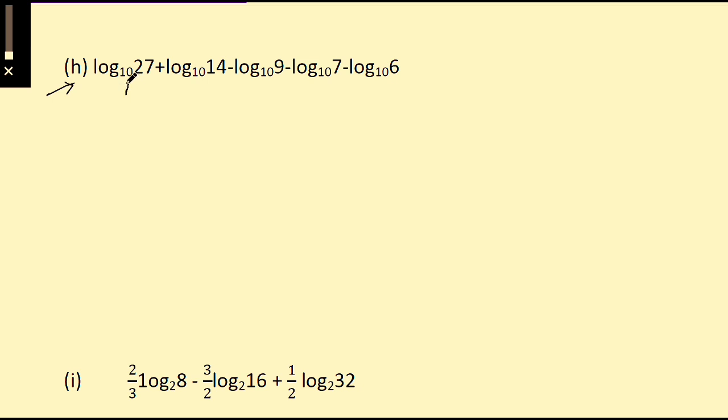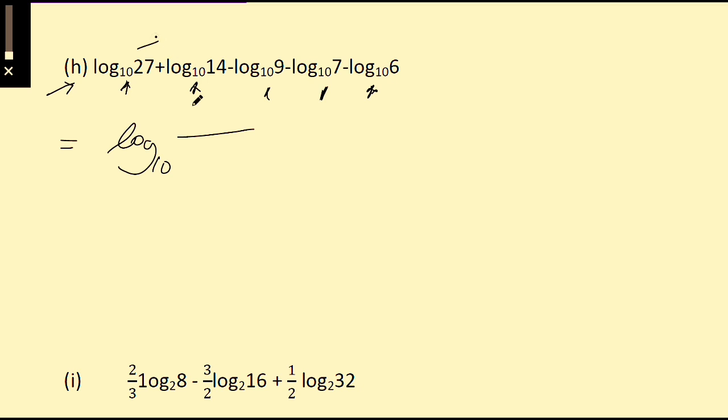Now come to question 8. Here we have the same base of log with addition and subtraction relations. So as a single log we can write it according to the product and quotient rules of logarithm.